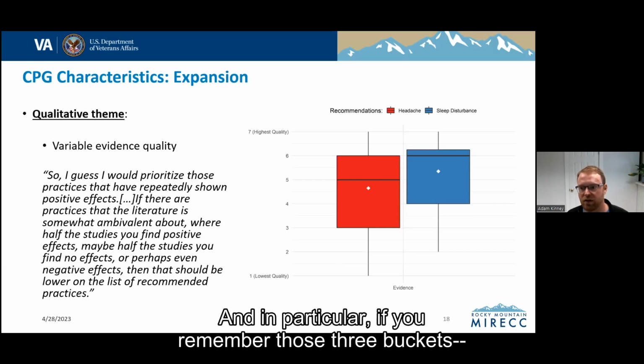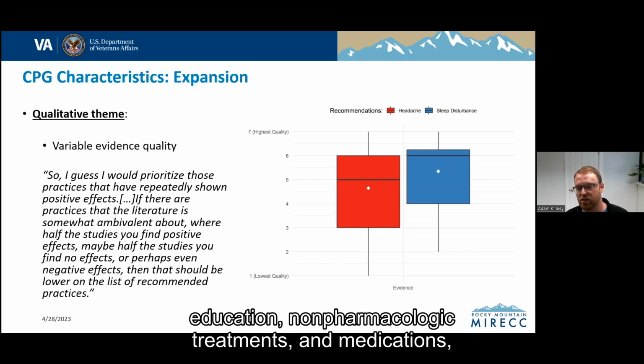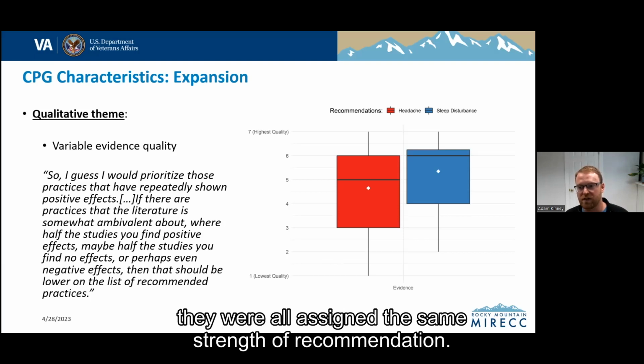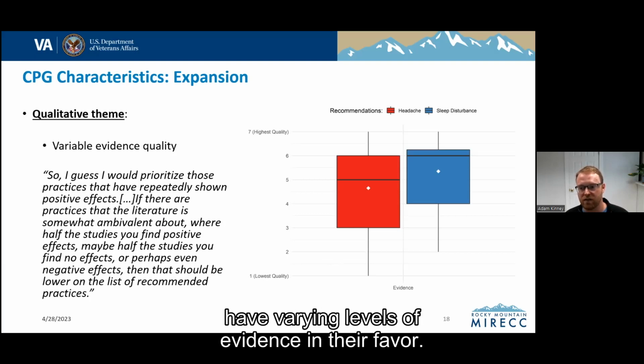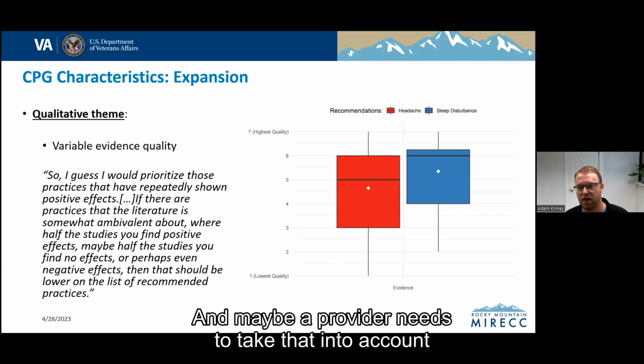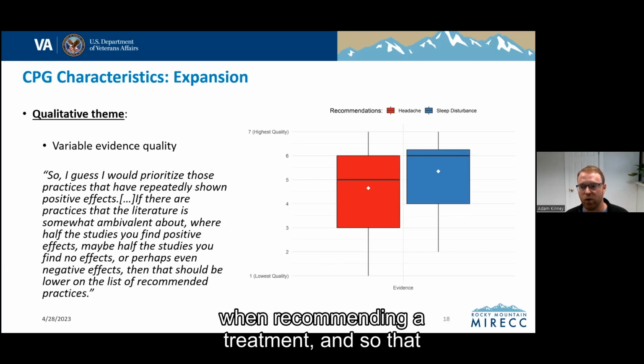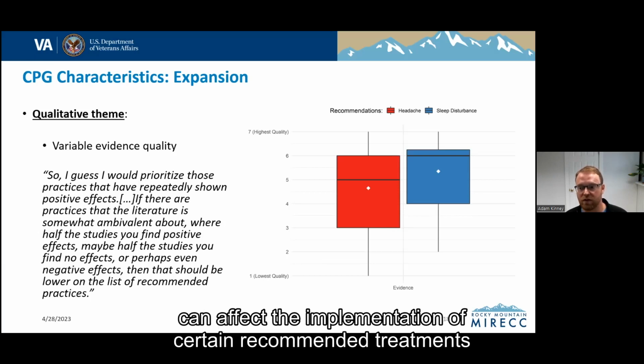In particular, if you remember those 3 buckets, education, non-pharmacologic treatment, and medications, they were all assigned the same strength of recommendation, but stakeholders pointed out that those 3 buckets have varying levels of evidence in their favor. And maybe a provider needs to take that into account when recommending a treatment, and so that can affect the implementation of certain recommended treatments in the guideline.